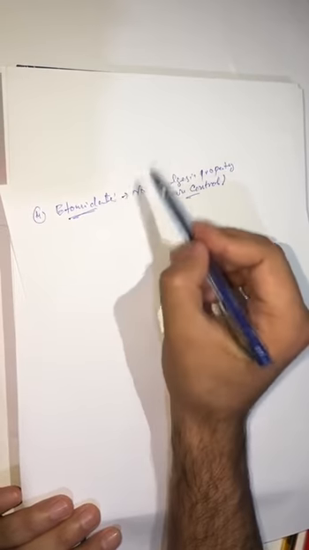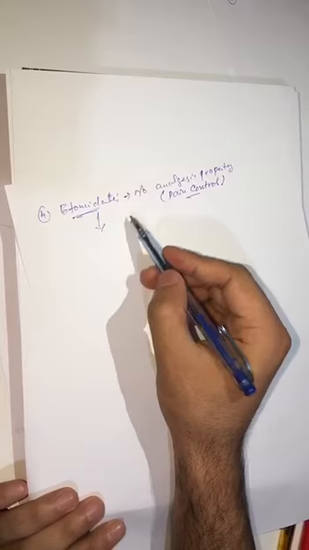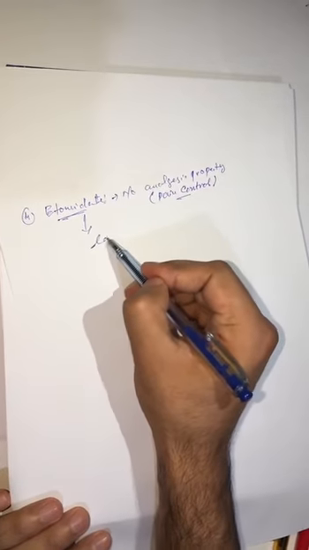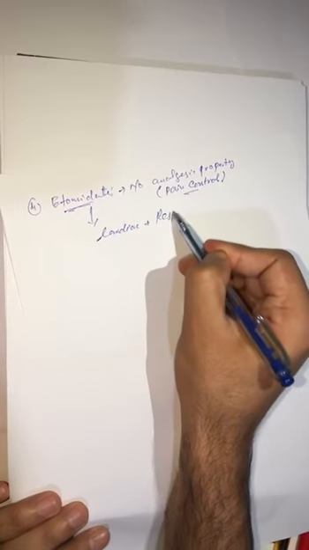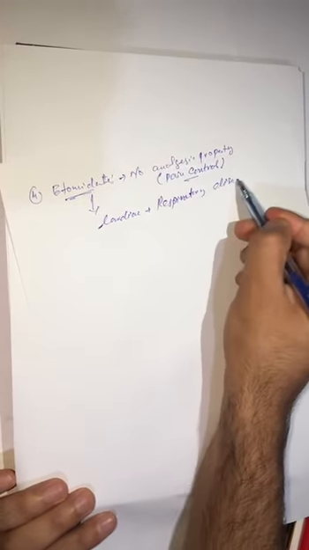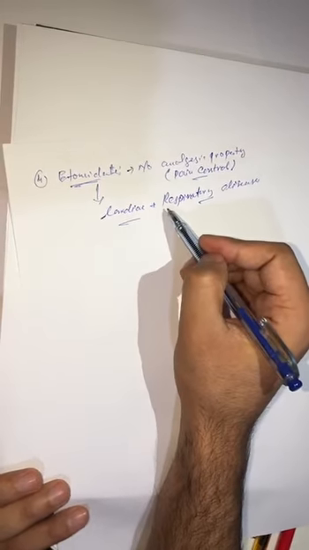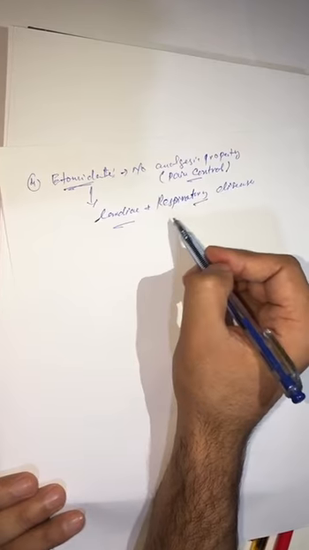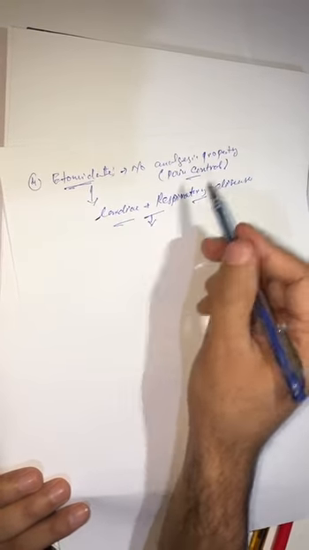And always remember that etomidate is used in patients with cardiac and respiratory diseases. Why is it used in cardiac and respiratory disease patients? Because it has less effect on the cardiac and respiratory system.